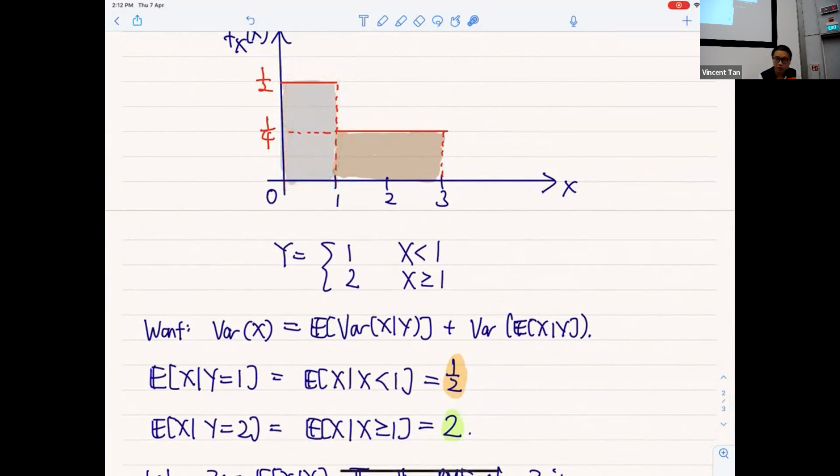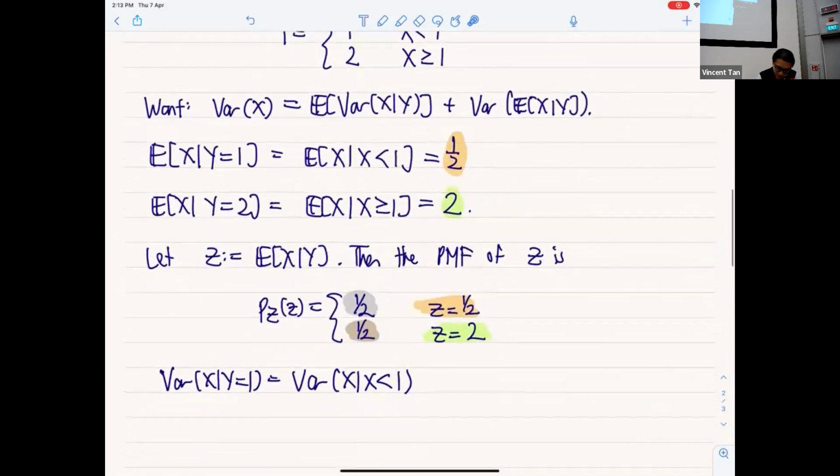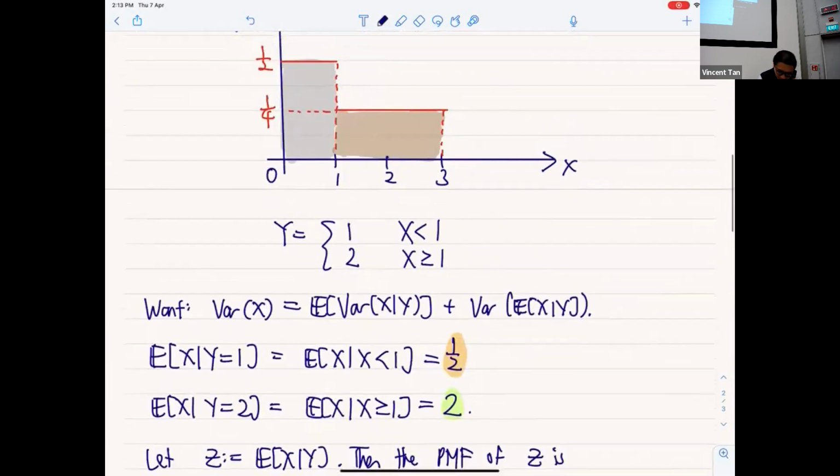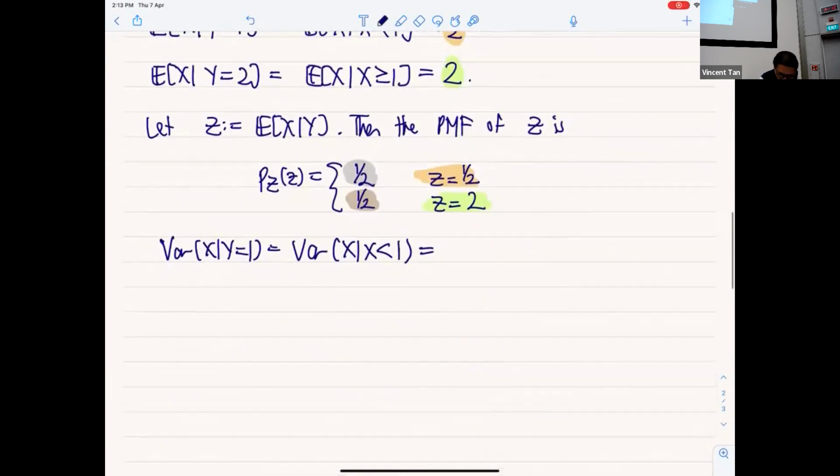It is uniform on 0, 1. If I know that x is less than 1, it must be uniform on 0 to 1. So what is its variance? Does anyone remember? It's (b minus a) squared over 12. What is b? What is a? Very good. So (1 minus 0) squared over 12. I'm just going to write 1 over 12.